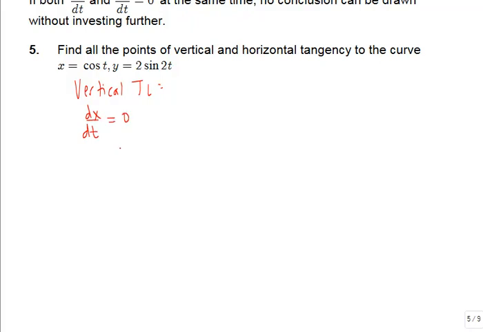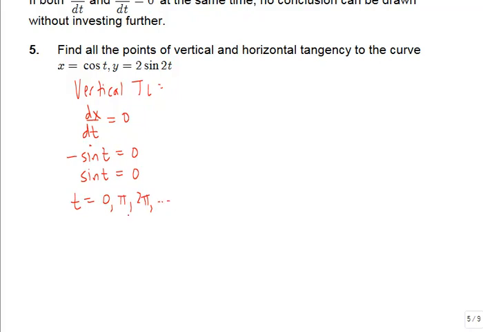So let's find out what dx dt would be. If x is cosine t, then dx dt is going to be minus sine t, and we want to know when that is 0. Well, that's the same as positive sine t equaling 0, and that's going to happen at points like 0, pi, 2 pi, etc. All those multiples of pi.